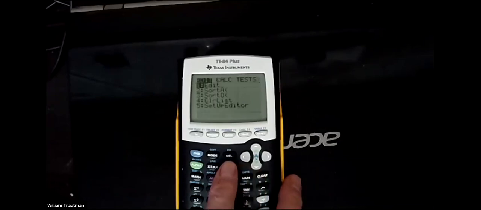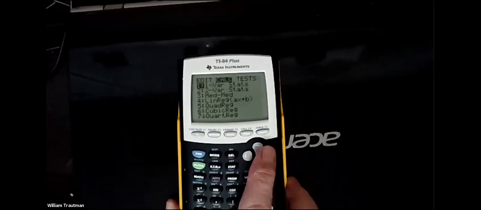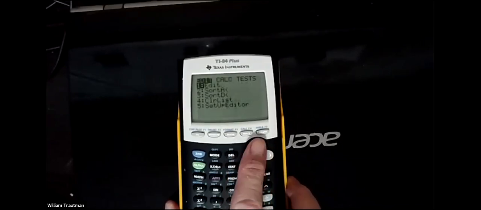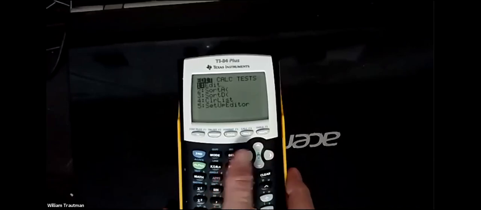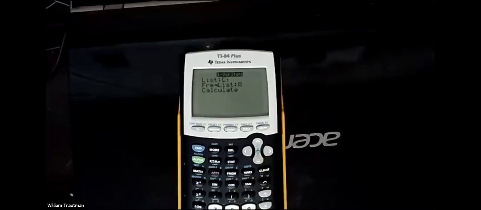Then we go to stat. You don't see the calculate here? I hit stat and then arrow over to calculate. Then 1-Var Stats, you hit enter. It says 1-Var Stats list 1, frequency list is blank. Okay. Just hit enter, enter, enter. Hit enter 3 times.